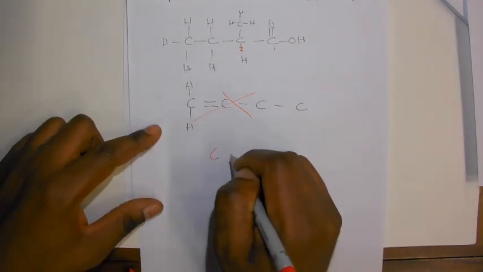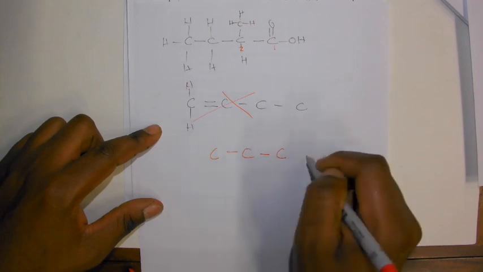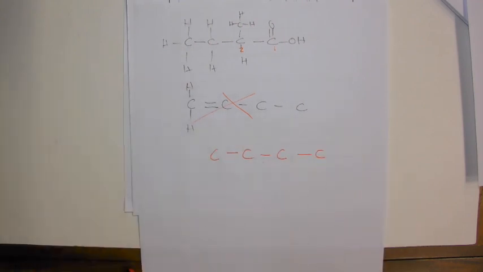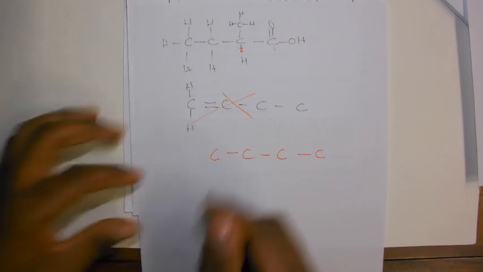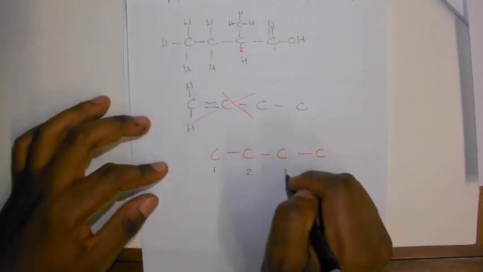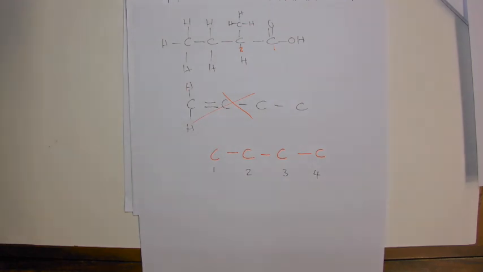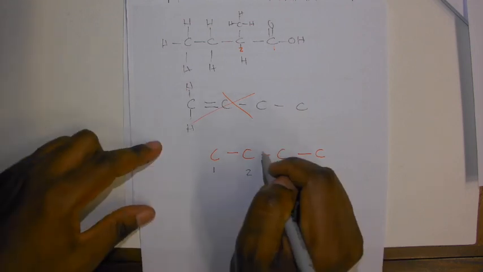So you say C, C, C, C. And then you say carbon number 1 and 2. 1, 2, 3, 4. What I wanted to say is, if they say 2-ene, it means the double bond is at carbon number 2, between carbon number 2 and the next one, which is number 3. So we put the double bond where, guys? Here.